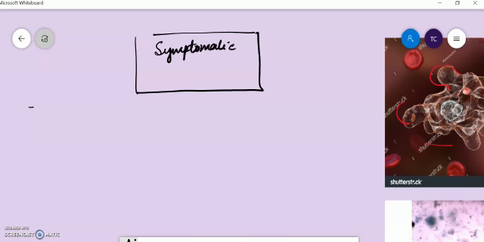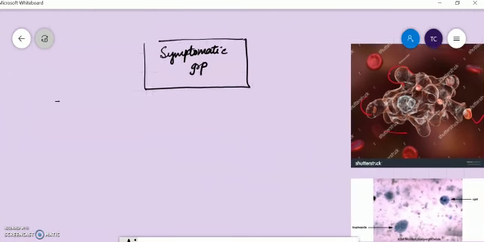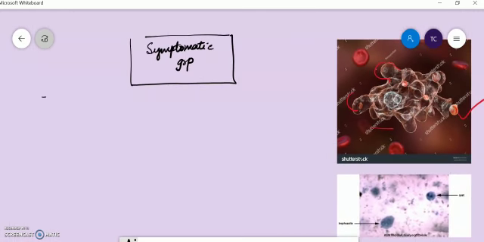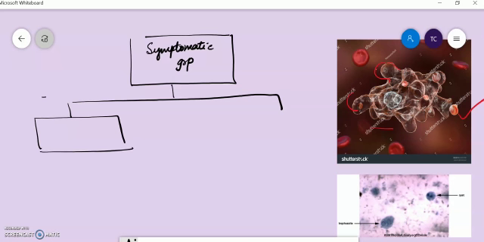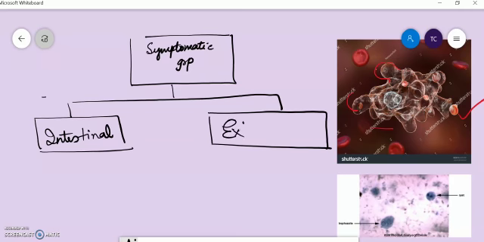This symptomatic group is further classified into intestinal and extra-intestinal.